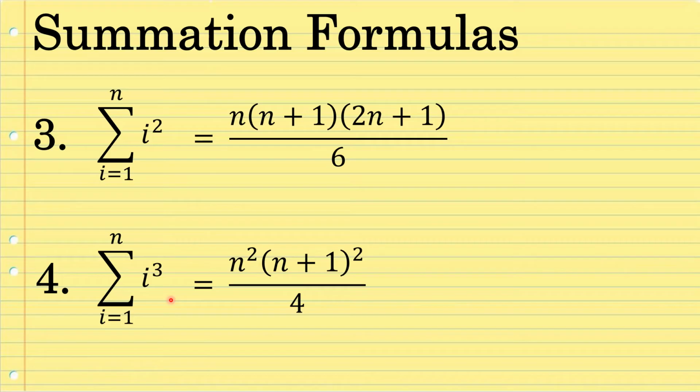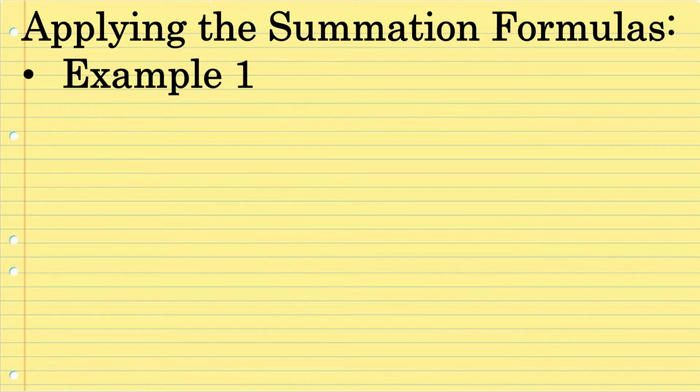Now that we've talked about some properties and formulas, we will apply those in 3 examples of evaluating sums that are written in sigma notation. The first of 3 examples we'll look at is the sum as i goes from 1 to 27 of 3i plus 2. We will use the properties and formulas discussed earlier to evaluate this sum.